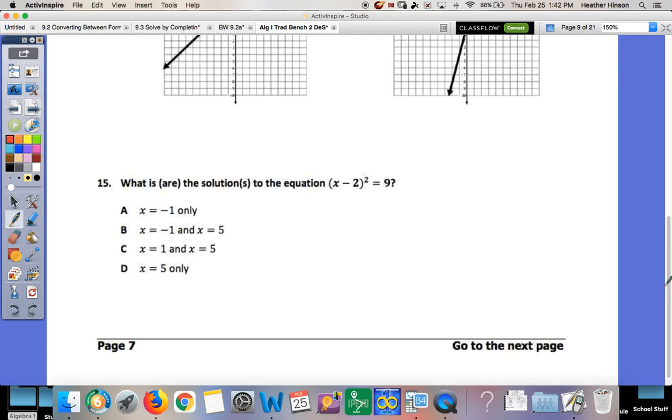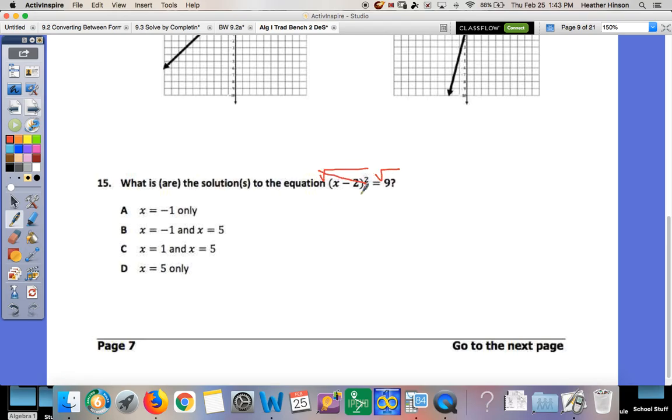Okay, 15. What is or are the solutions to this equation, (x minus 2) squared equals 9? Again, you have a couple options here. You can do exactly what we've done in class the past couple days. We want to solve for x, so to get rid of squared, we can take the square root of it.